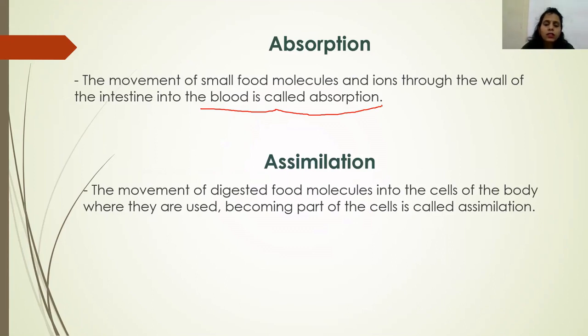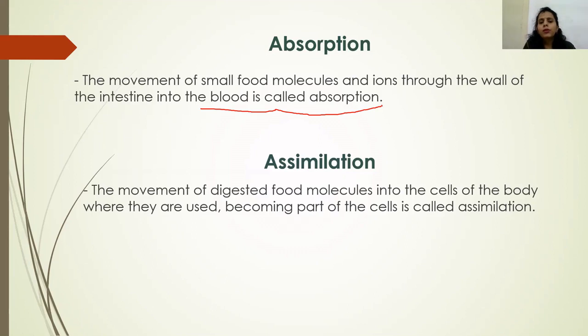Then we have assimilation. Once the food gets absorbed into the blood, the small food molecules go to the liver, and the liver performs the process of assimilation. The liver distributes these digested nutrients to different parts of the body with the help of blood, based on the requirement of the body.